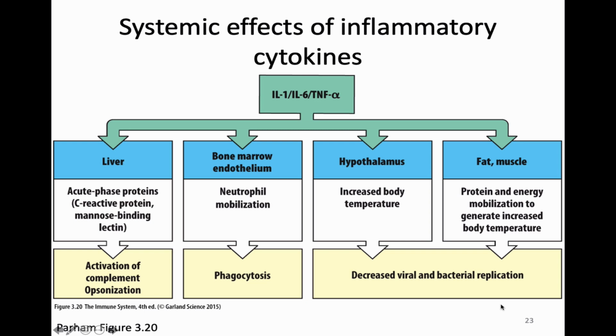And that increased body temperature can function in order to decrease viral and bacterial replication. You have, of course, heard about this increased body temperature that happens as fever. So fever is not a process that microbes are doing to you.